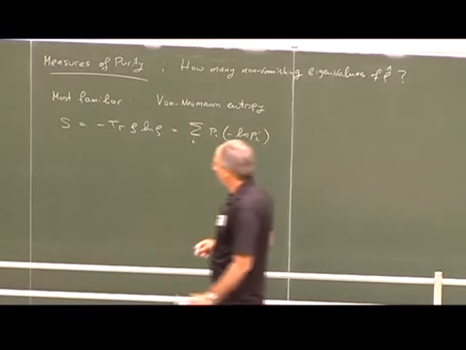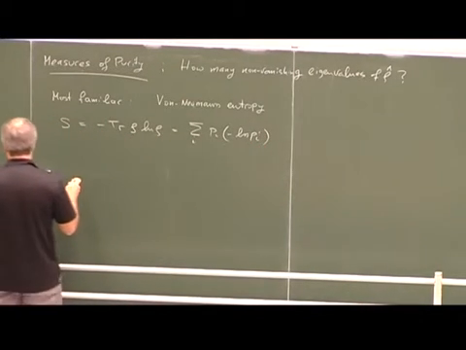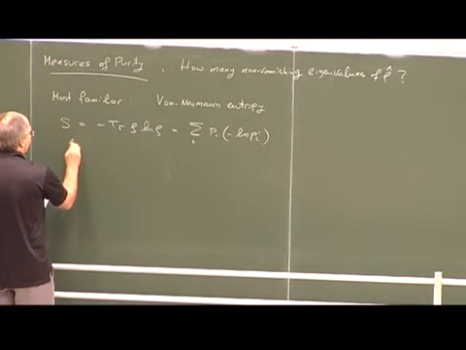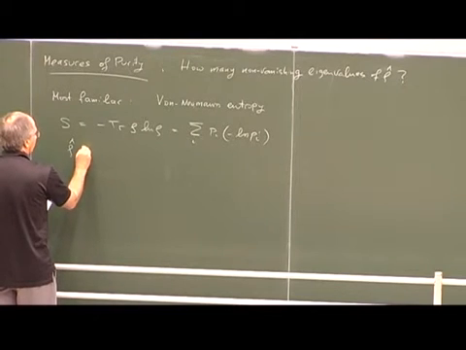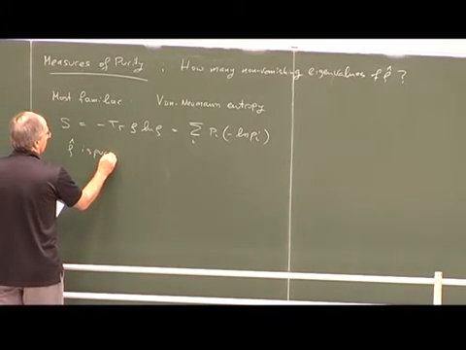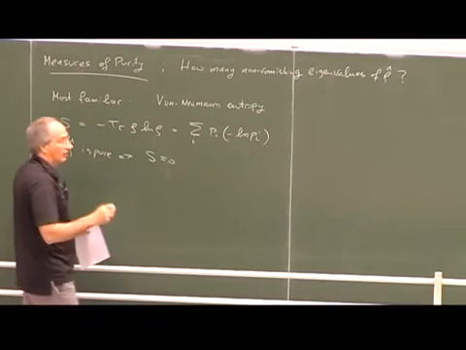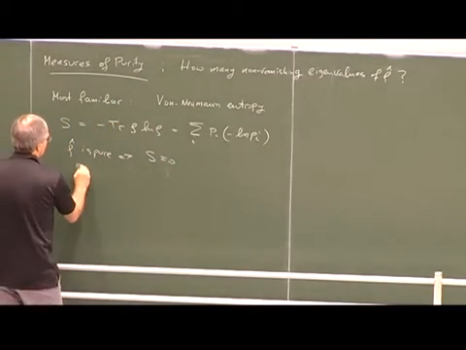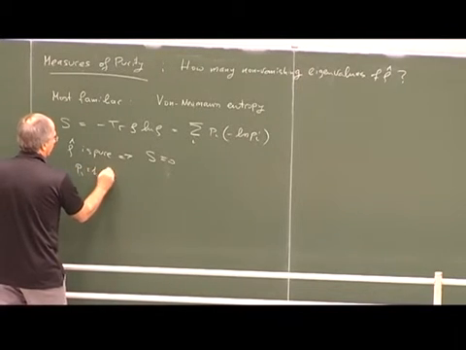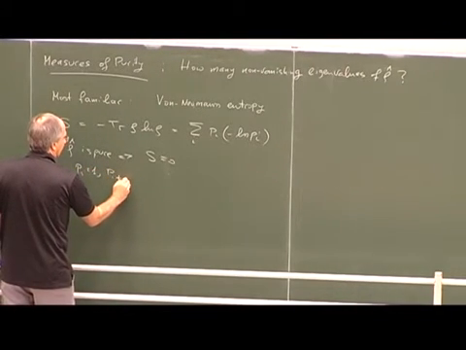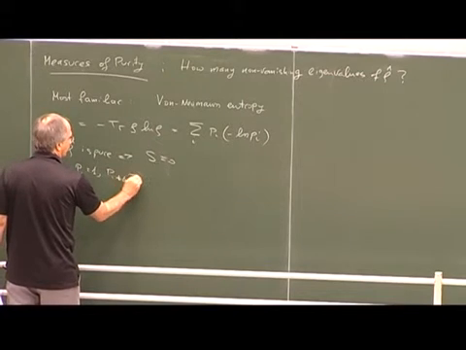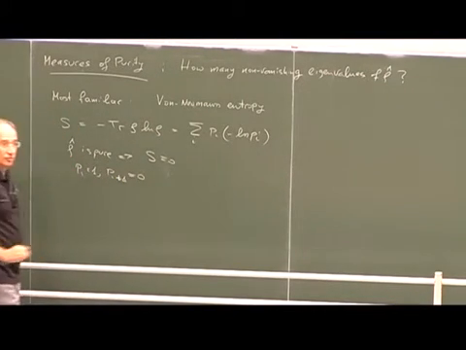It has other properties, but let me just remind you that if rho is pure, then S is 0, because pure rho means that, let's say, p_1 equals 1 and the others vanish.